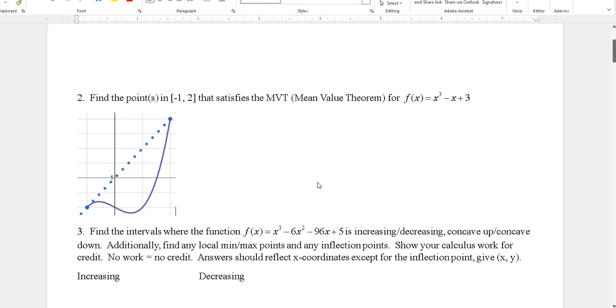So when you're meeting the conditions for the mean value theorem, it says basically that there's some point between -1 and 2 where the slope of the tangent line is going to match the slope of the secant line, which is what I have here. So some point probably around here, when you differentiate that, you're going to see the slope of the secant line matched by the slope of the tangent line. What tells you the slope of the tangent line? Derivative. How do you find the slope of the secant line?